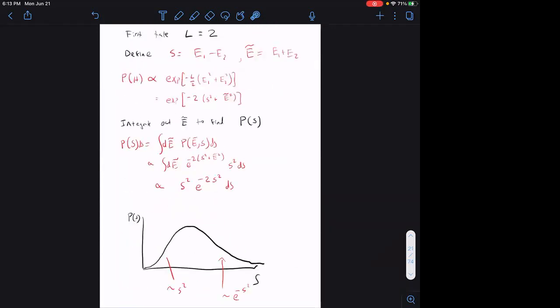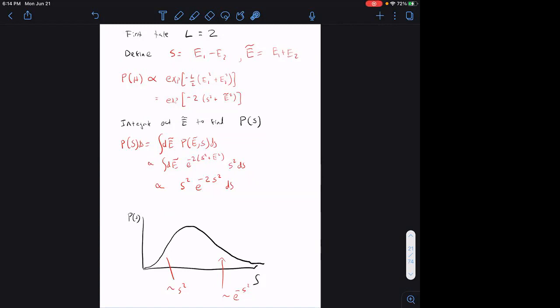So we're going to start with just a simple example. We're going to take a 2 by 2 matrix, so L equals 2. This 2 by 2 matrix has eigenvalues E1 and E2, and we're going to study the difference S between E1 and E2. We've labeled the sum of the energies as E tilde.